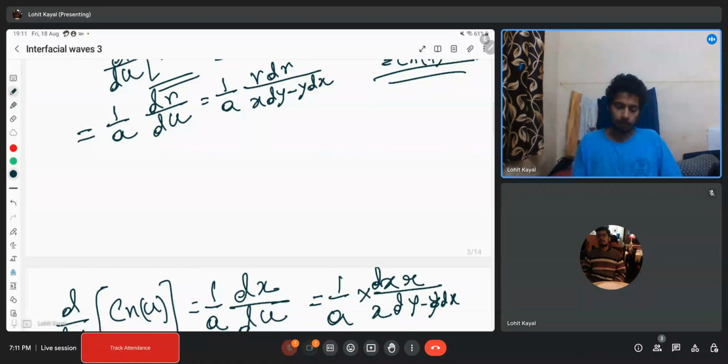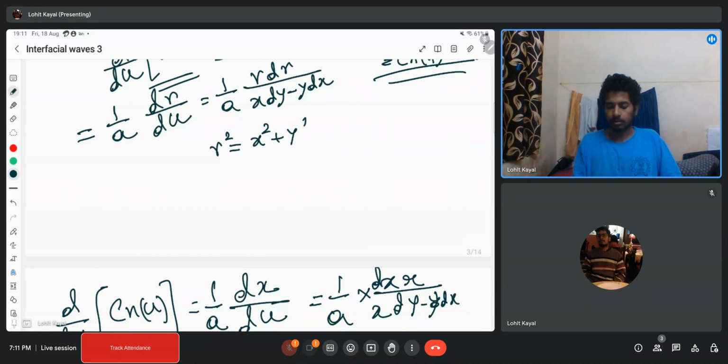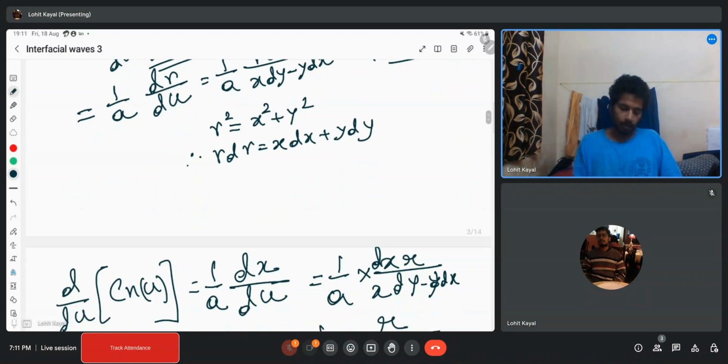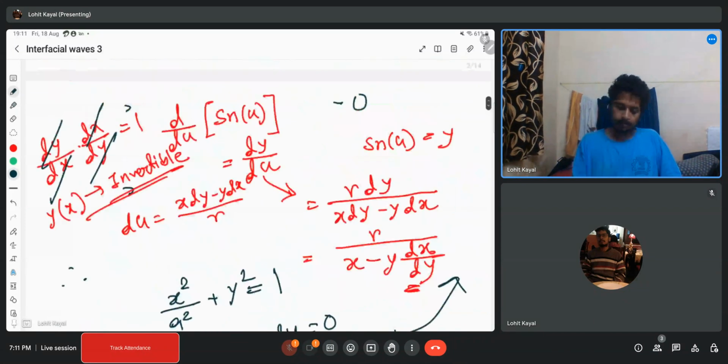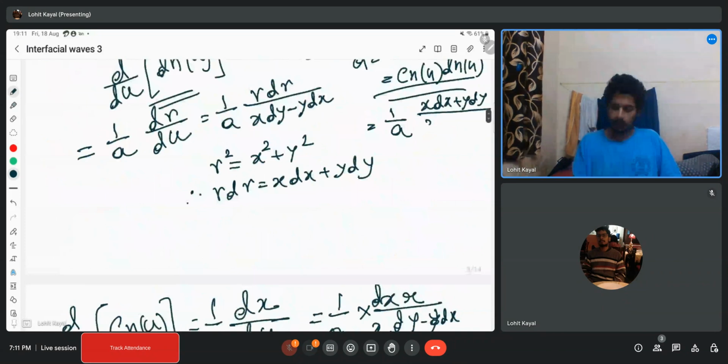What can be the manipulation? It is r squared equal to x squared plus y squared, so r dr equal to x dx plus y dy. So the result will be 1 by a (x dx plus y dy)(x dy minus y dx).